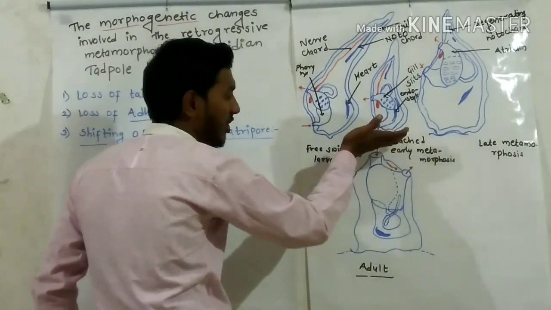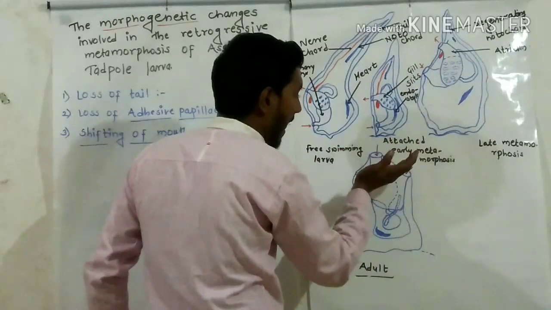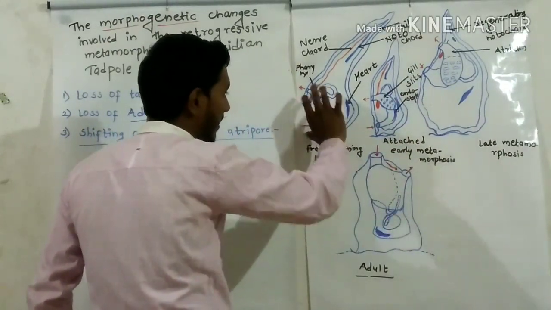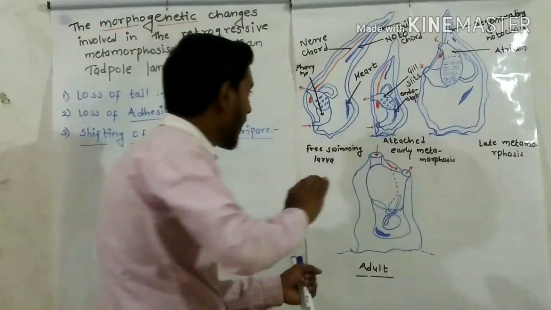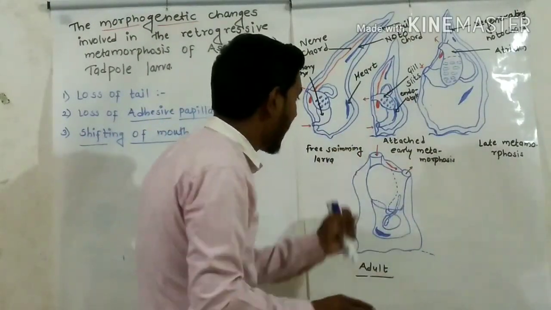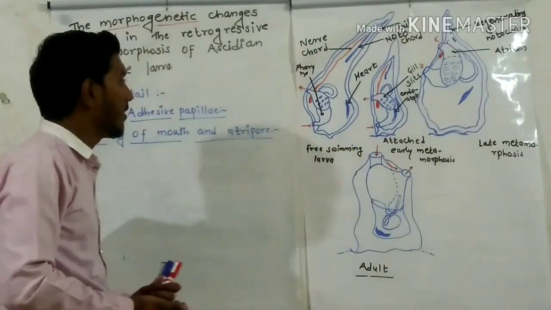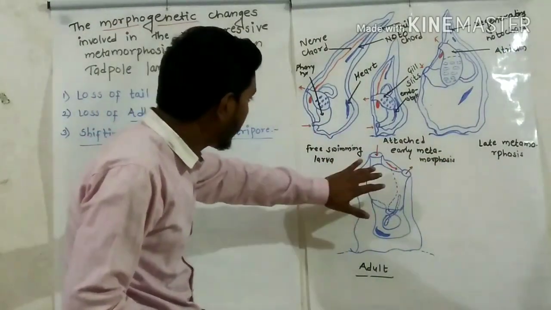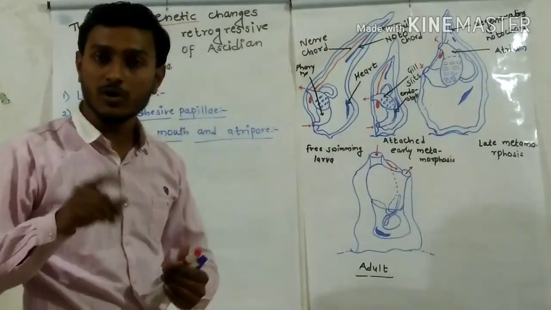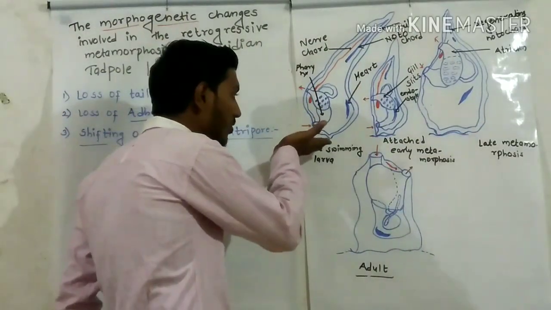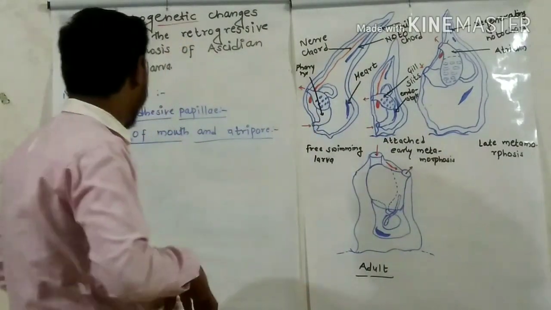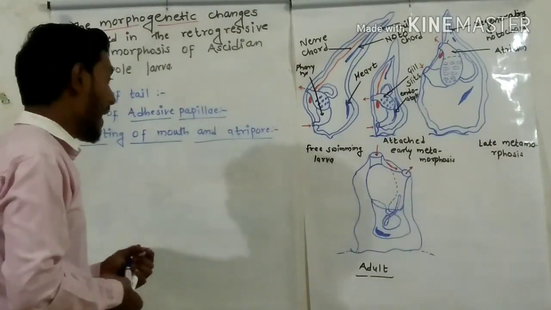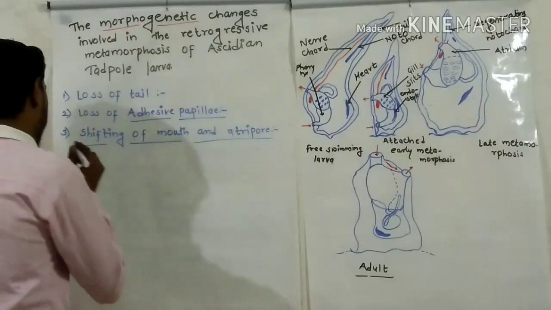Now you can see that it is going away, and finally it becomes aligned 180 degrees. It was here, then it was at the bottom. Now it has changed by 180 degrees, or you can see that the mouth part becomes posterior dorsal in comparison to the first position. Okay, so the shifting of the mouth and the atriopore takes place.